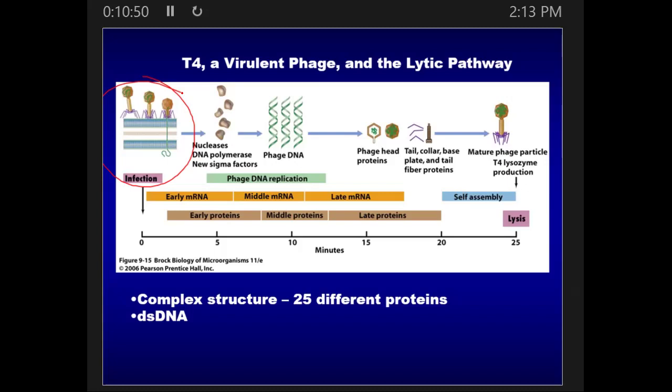In this particular case, it's 25 minutes to get all the way to lysis. This particular T4 has 25 different proteins that have to be made, and then many copies of some of those. Plus, they have to make a bunch of copies of the double-stranded DNA and get that all put together. So fairly complex.